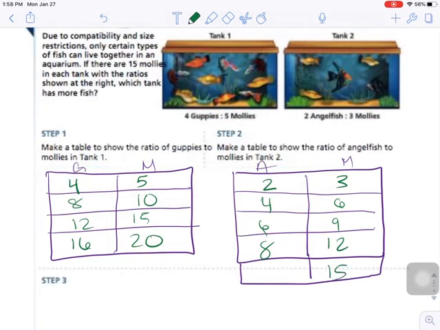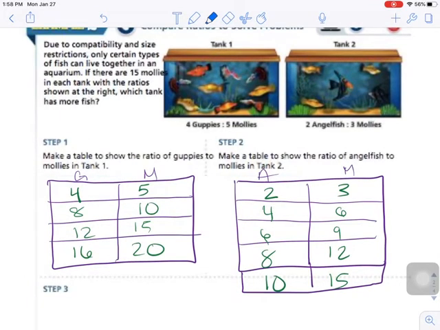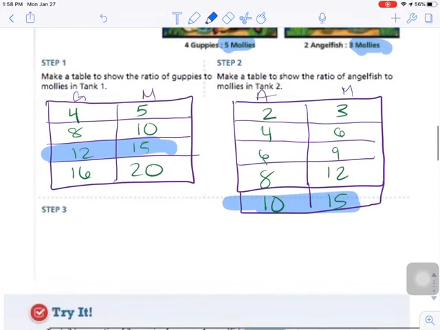What I'm looking for here is the fish that they have in common, which is mollies. And so I need to make sure I'm looking for where the mollies are equivalent. They are equivalent at 15. So what I'm going to do is add up how many are in each tank.